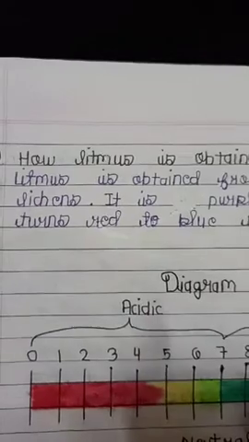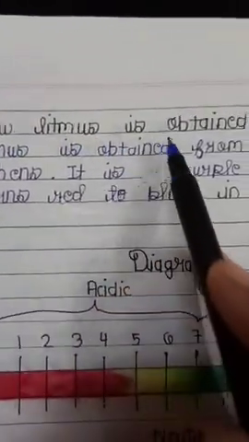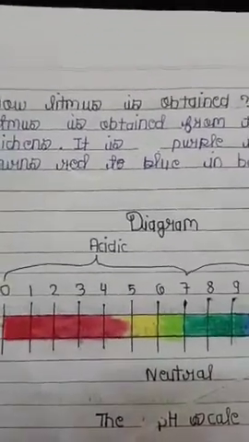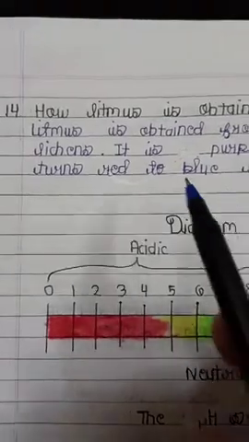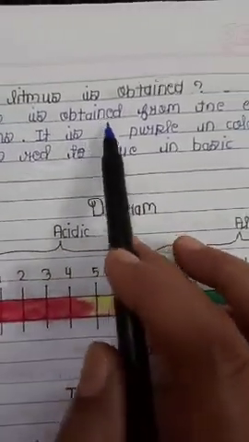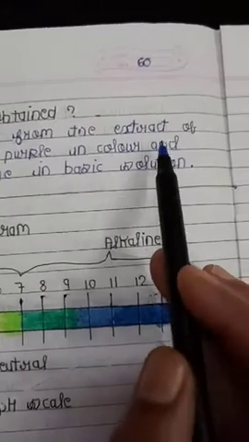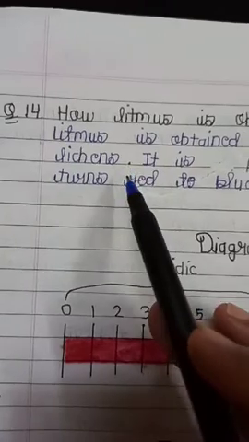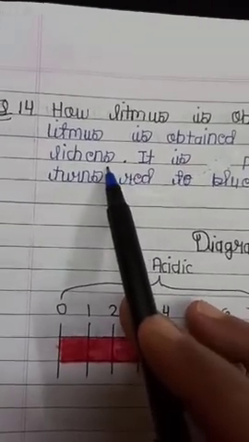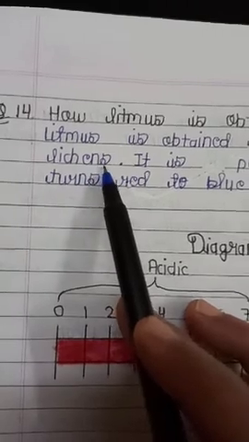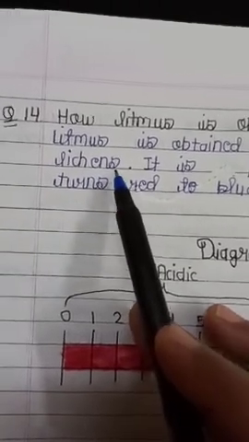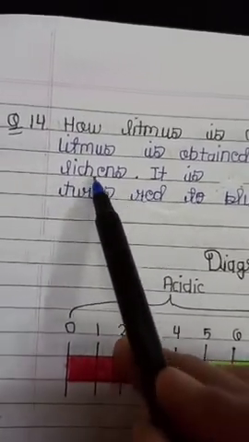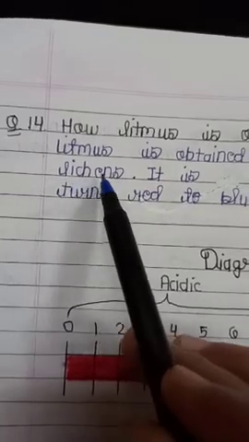Understand? Next question is, how is litmus obtained? Children, I have already told you when I explained the litmus paper that litmus is obtained from the extract of lichens. You know that lichens are plants that live in a symbiotic relationship of algae and fungus. Means lichens are a plant category which is a combination of algae and fungi.